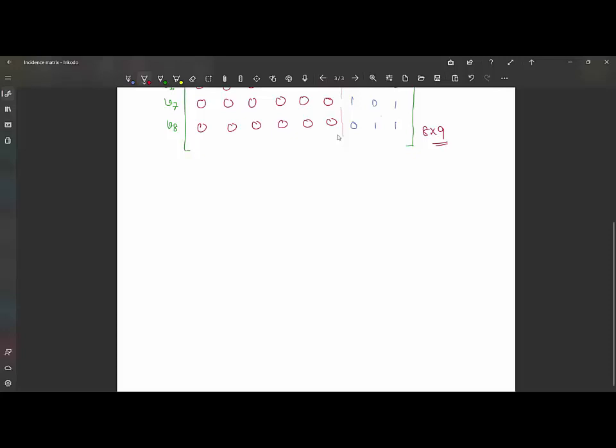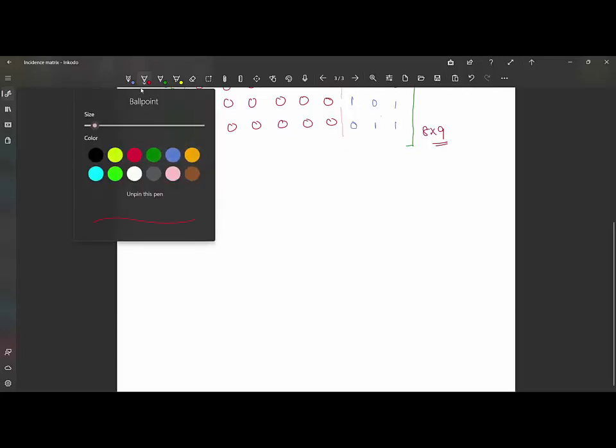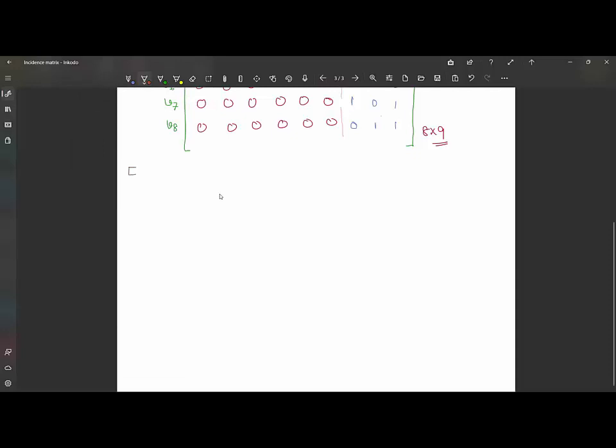So now let's take one problem of this type, where the matrix is given and you have to find the graph. In this type of question you may see: draw the graph corresponding to the following incidence matrix.